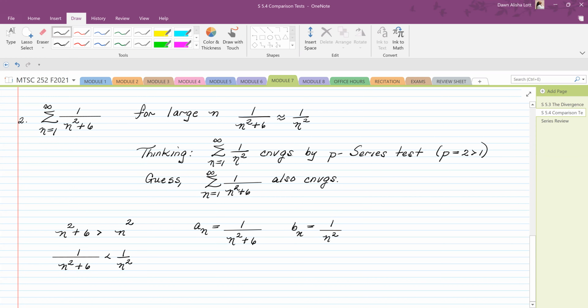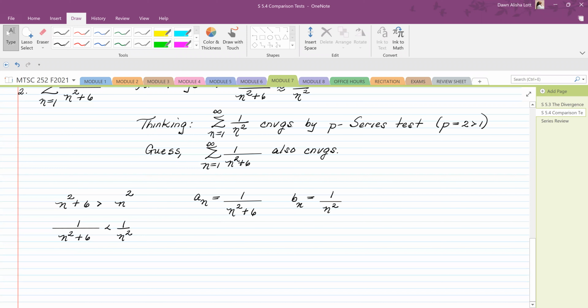So I can see that an, which is equal to 1 over n squared plus 6, is less than 1 over n squared, which is equal to bn.